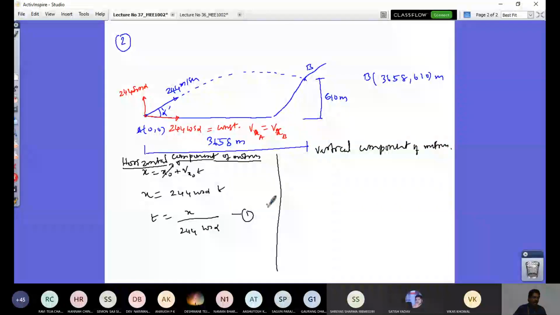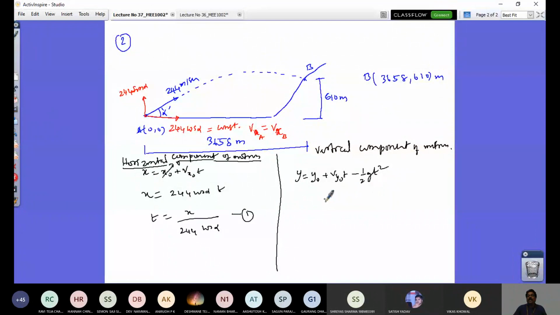In that, what is the equation that I'll take? I know my elevation here. y equals y naught plus Vy naught t minus half g t square. Right? Minus half g t square. This is the formula. If I substitute my t in this, I'll have my path equation.